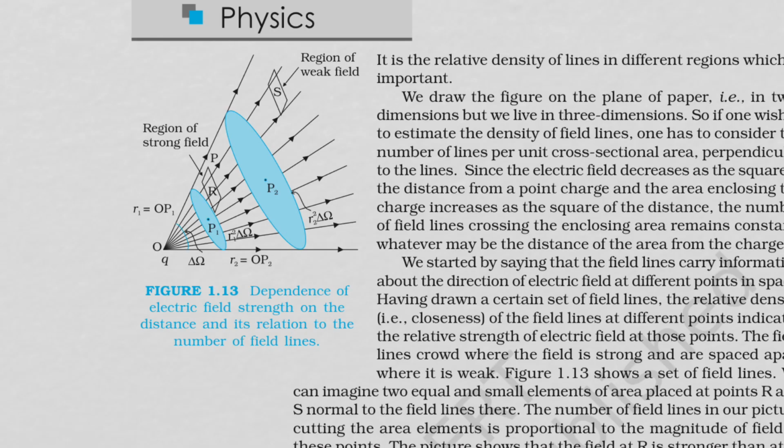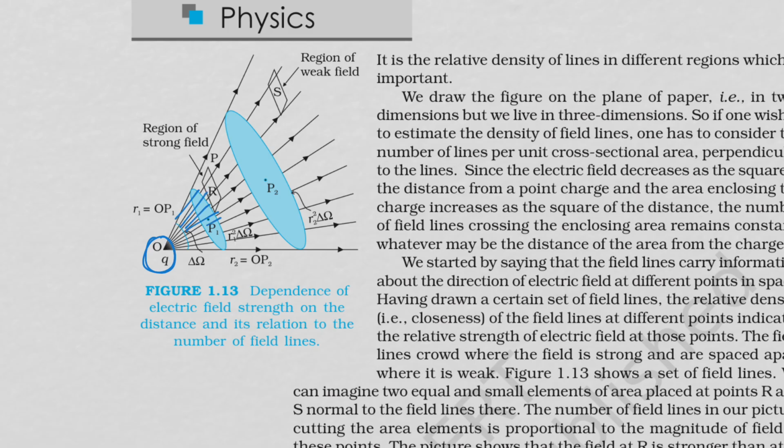Now, using these electric field lines, you can talk about the strength of the electric field also. So we can talk about a stronger electric field or a weaker electric field. Suppose we come close to the source charge, the electric field is stronger, which can simply be depicted by the number of lines.